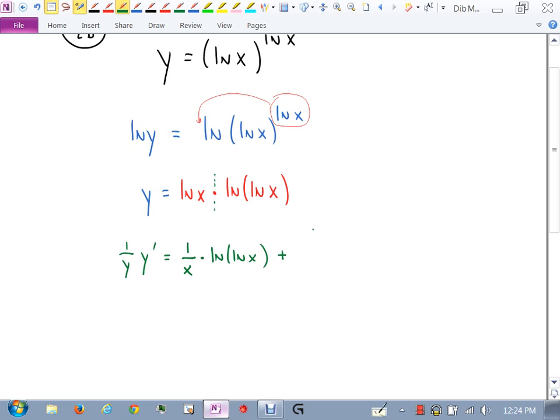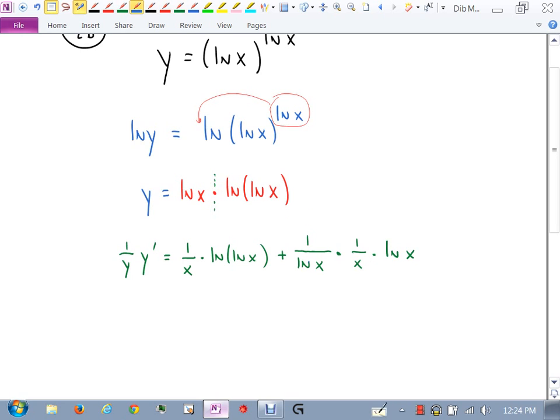Yes, so the derivative, it's chain rule here. We have natural log of something, so the derivative of that is 1 over what was inside of it. So 1 over natural log x, times the derivative of what's inside of it, which is 1 over x, then times the one that was in front for product rule, natural log x.